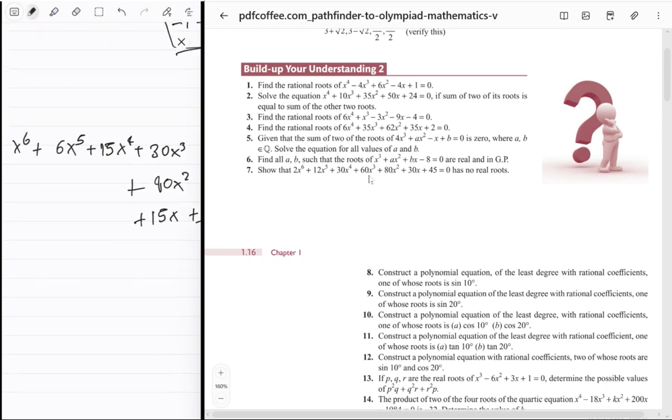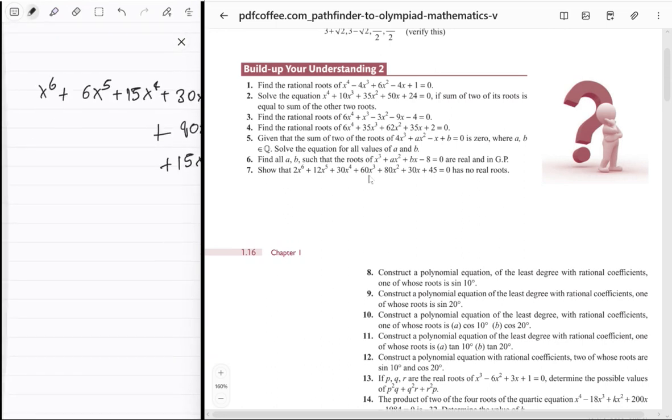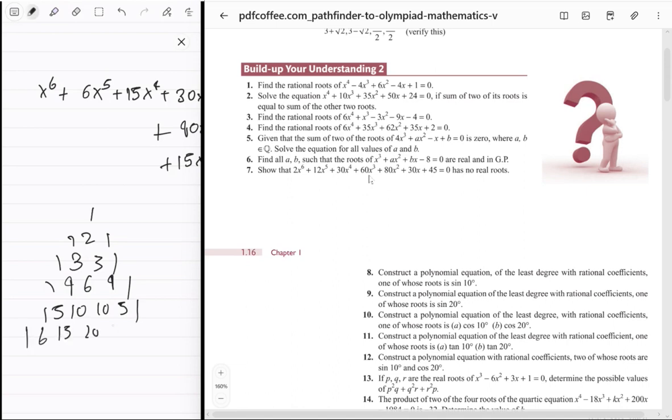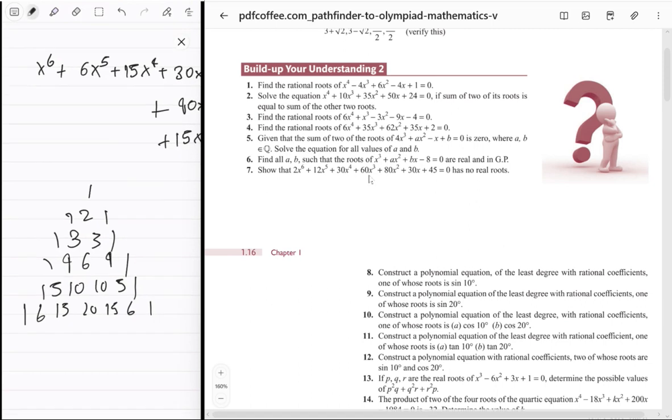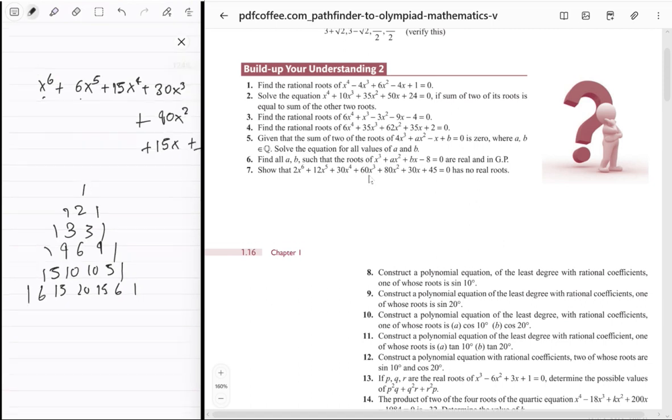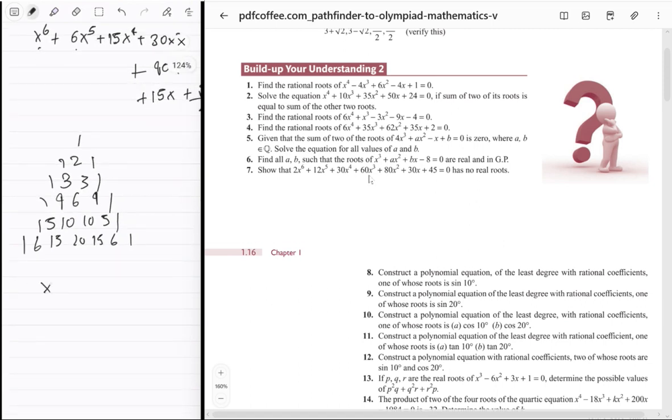Now, okay: 1 1, 1 2 1, 1 3 3 1, 1 4 6 4 1, 1 5 10 10 5 1, and then 1 6 15 20 15 6 1. Look, 1, 6, 15, but you just want a 15 from there. So we'll just say it's x plus 1 power 6, okay, but there are some terms that aren't supposed to be there, right?